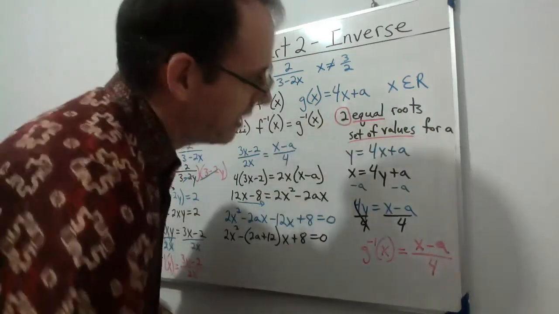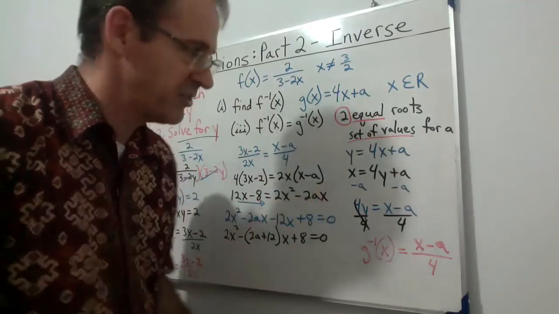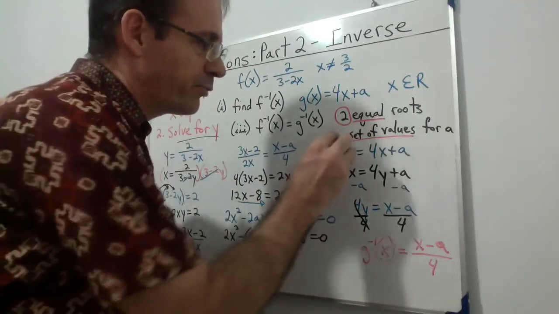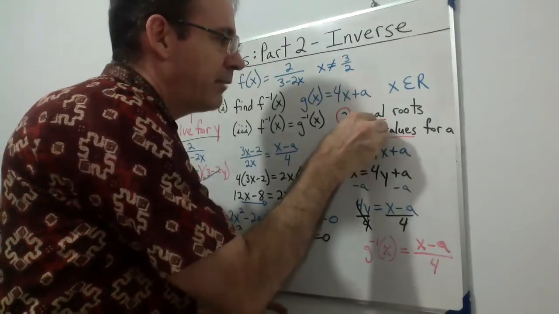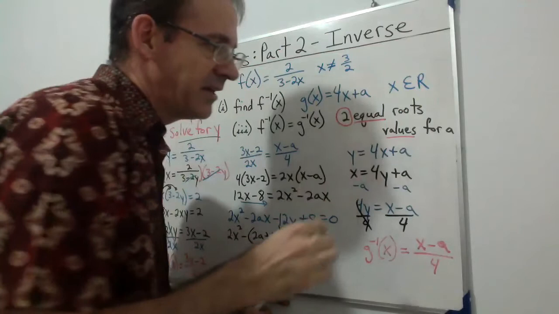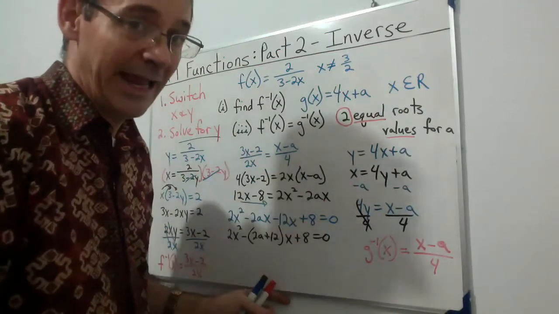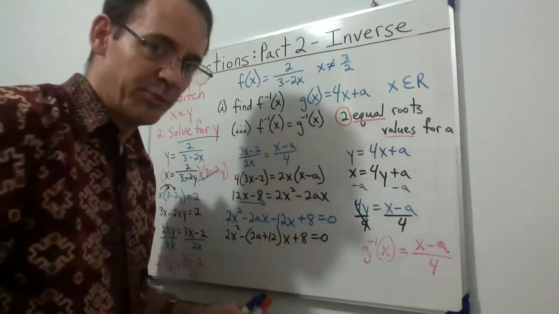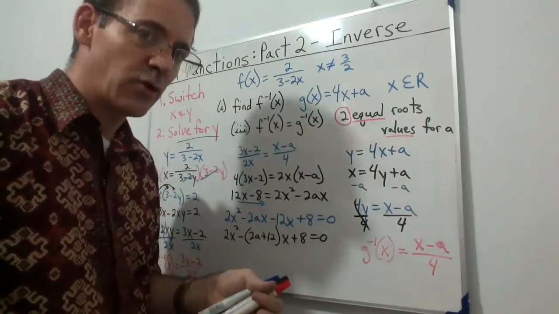Actually, I don't think this says, and I might have deceived you a little bit, not intentionally. This probably doesn't actually say set of values. It's probably just saying find the value or values for a. I may have accidentally put set of values. If you see set of values, it's definitely inequality.